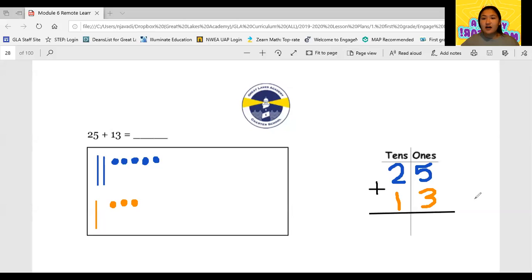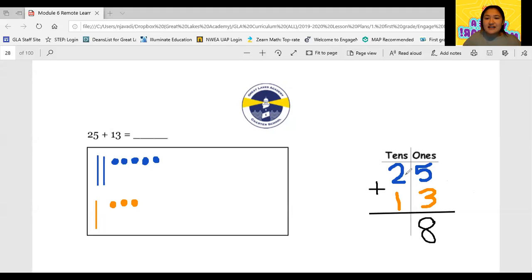Once you have your numbers all lined up, remember that when we're doing vertical addition, or up and down addition, we always add the ones column first. Which column do we add first when we do vertical addition? That's right. We always add the ones column first. So I'm going to add 5 ones and 3 ones. And I know that makes 8 ones.